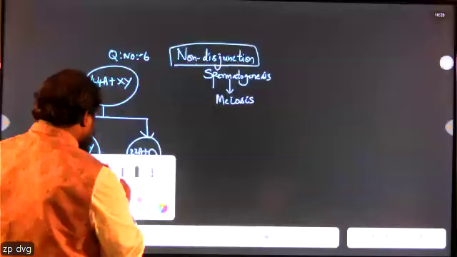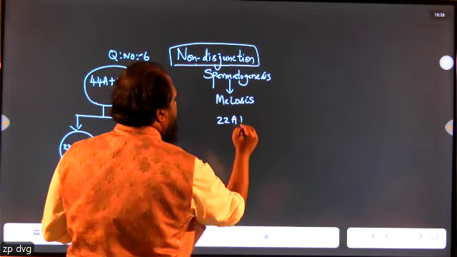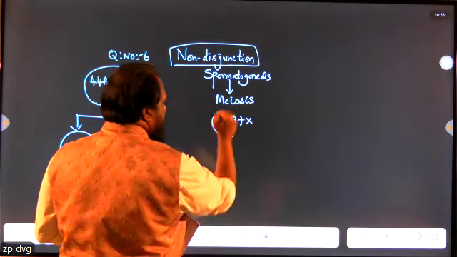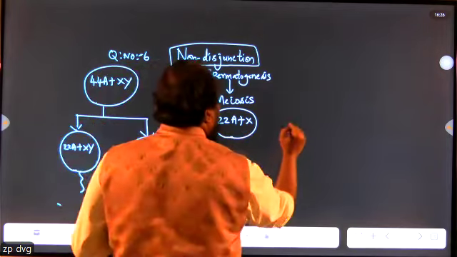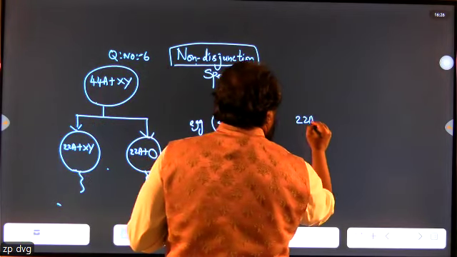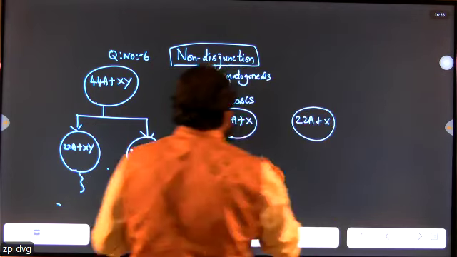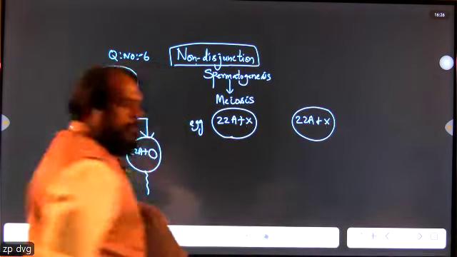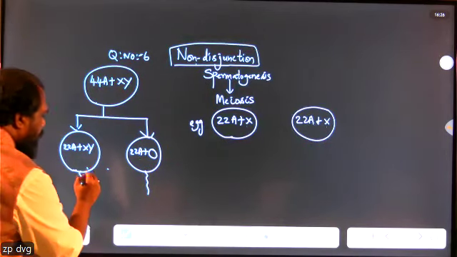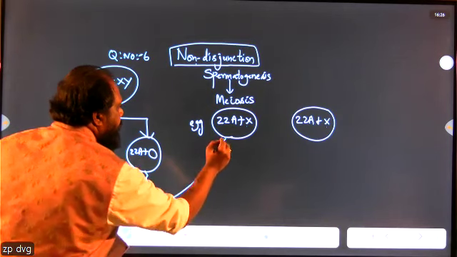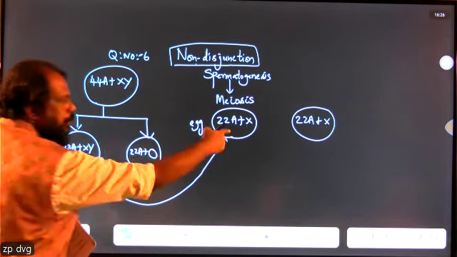Okay. Now, if this sperm goes and fuses with the egg, 22A plus X, because a female egg will have both X. Understood now? Imagine this sperm goes and fuses with this egg.